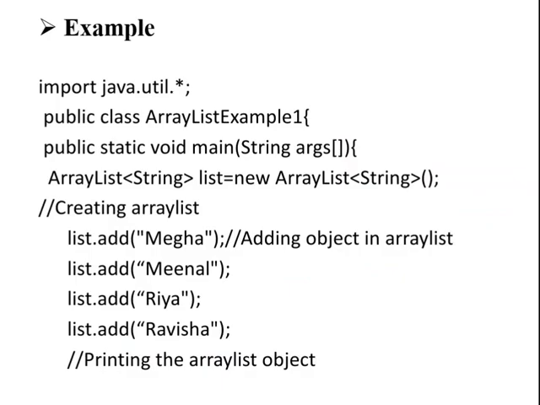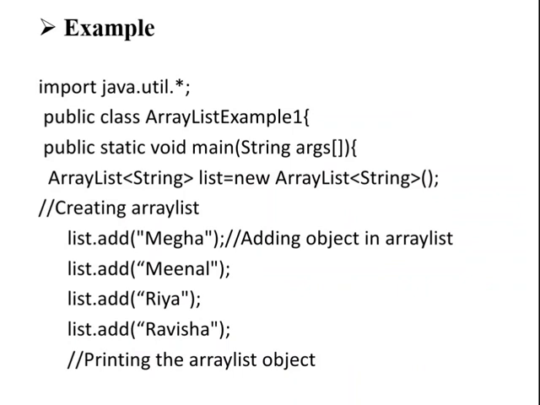Let us consider the following example program that shows how we can use the array list. import java.util.*; class ArrayListDemo, public static void main(String args[]), ArrayList<String> lst = new ArrayList<String>(). lst.add("Megha"), we are adding the name Megha to the list. Then lst.add("Minal"), we are adding the name Minal to the list. Then lst.add("Ria"), adding Ria into the list.